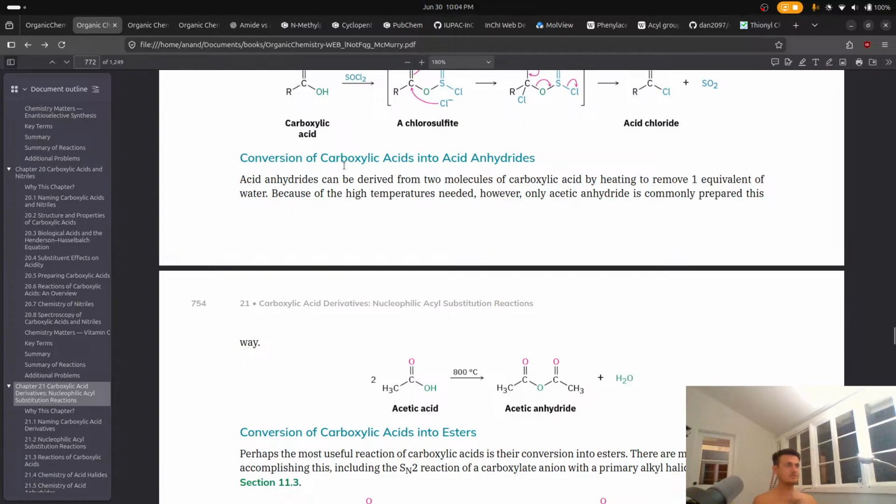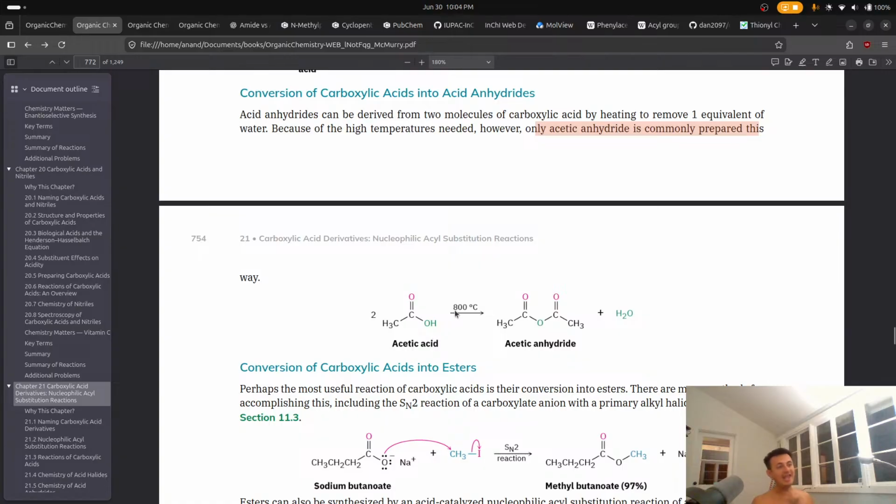Because of the high temperatures needed, however, only acetic anhydride is commonly prepared this way. 800 C? That's actually crazy. There are some weird syntheses, like that ketene lamp thing.